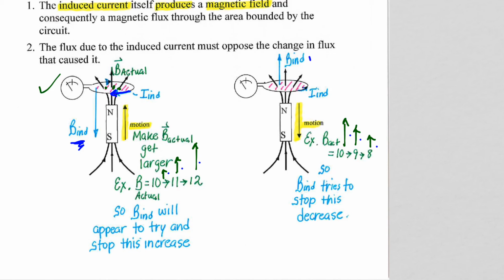So it's going to make B induced up to try and keep the magnetic field going up and remaining large. So B induced up is made by I induced, which in this case is going to run counterclockwise.